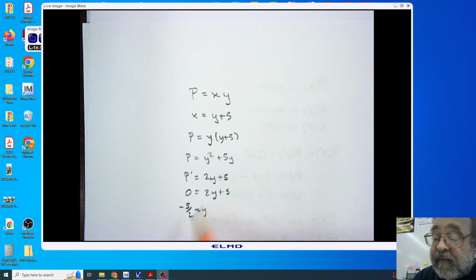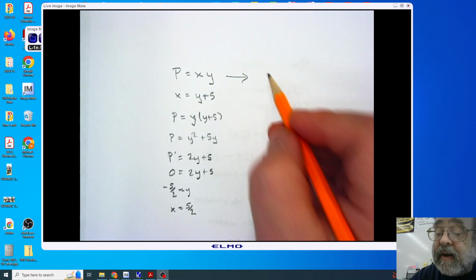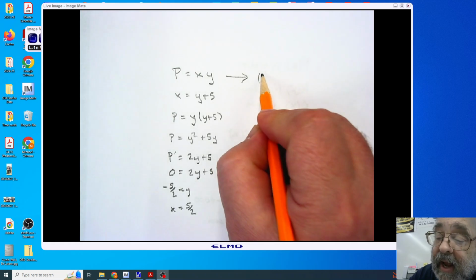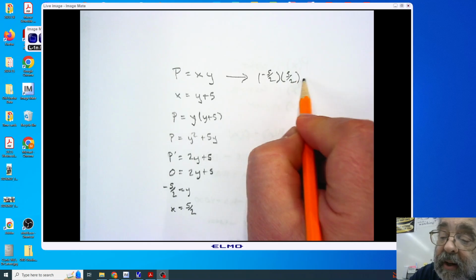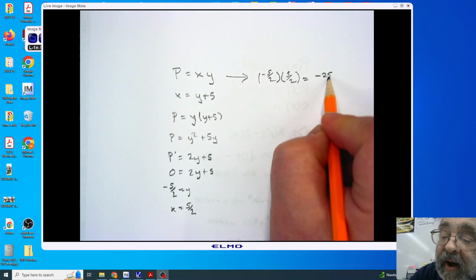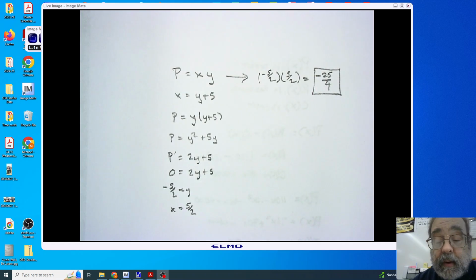If y is negative 5 halves and I plug it back in, x must be a positive 5 halves, and I am looking for the product. So having these two numbers, I have negative 5 halves times positive 5 halves, and the product is negative 25 fourths. That's the product that we are looking for.